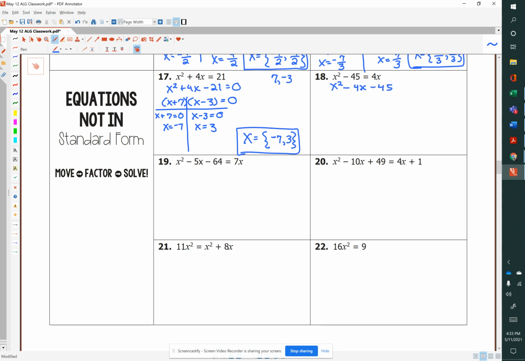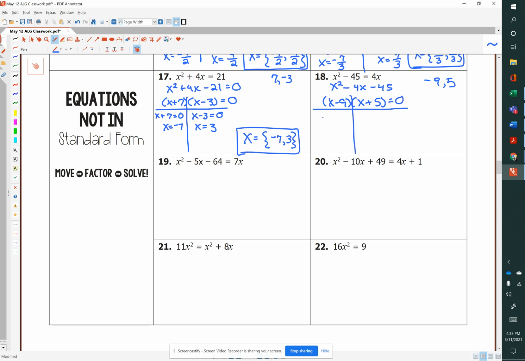Okay, a positive and a negative number is what we'll need to add to negative 4 and multiply to negative 45, and the negative number will have a larger absolute value, so that would be negative 9 and a positive 5. So x minus 9, x plus 5 equals 0.